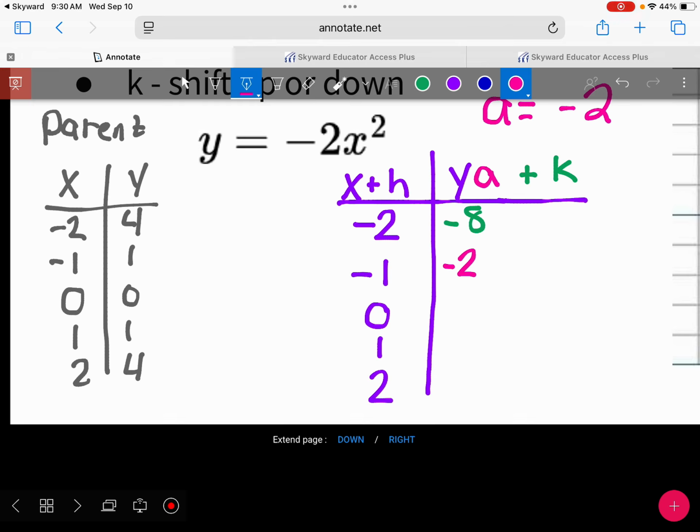We're going to take our 0 times that negative 2. 0, because 0 times anything is 0. Can we graph the parent function if we want to? Yes, absolutely fine. If it helps you to graph the parent function, go for it. And then we're going to have our 1 times negative 2, giving us another negative 2. And our 4 times negative 2, giving us a negative 8.